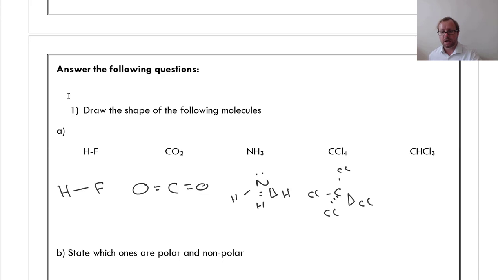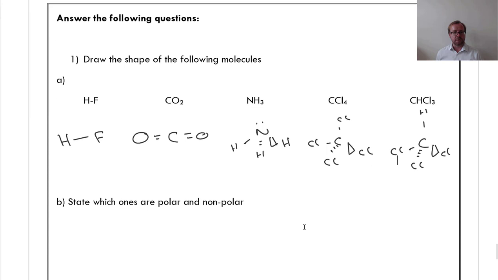Trichloromethane would be tetrahedral. And so would our following molecule. Right, so we've got linear, linear, trigonal pyramidal, tetrahedral, and tetrahedral.